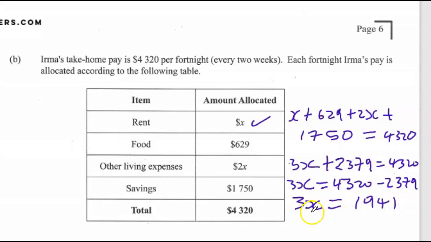And to get the value of X, we divide both sides by 3. We'll end up with 1,941 divided by 3. That's 647. So the amount that Irma allocates for rent each month is $647.